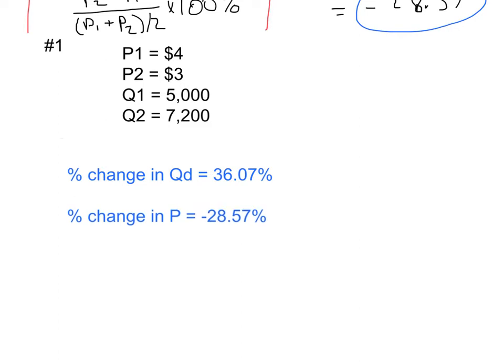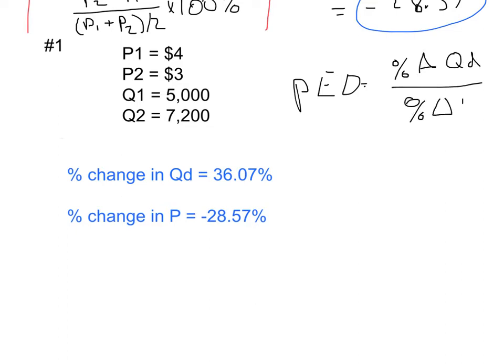It was a negative 28.57%. Right? And the whole definition of price elasticity of demand, recall, is the percent change in quantity demanded divided by the percent change in price.